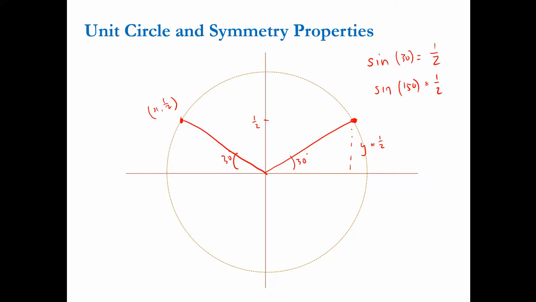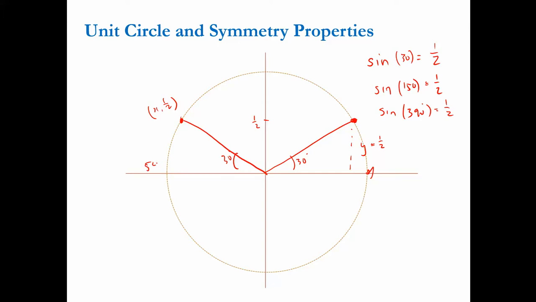Now this is 360 degrees if I go full circle. If I move up by an extra 30, 360 plus another 30 gives me sine of 390 degrees, which should also equal half. True? And then this is 360. If I add another 180, what would this be now? 540.